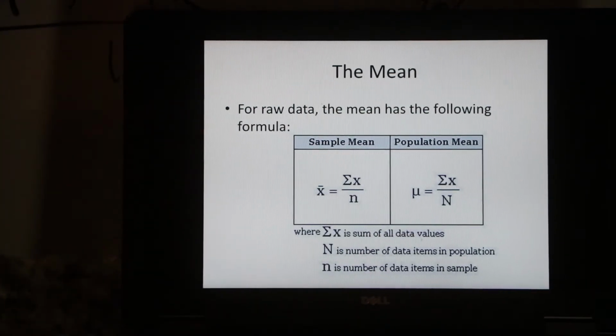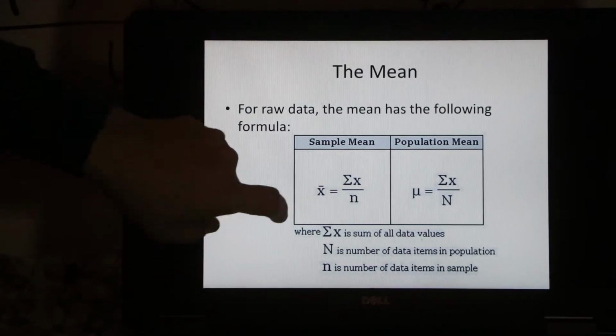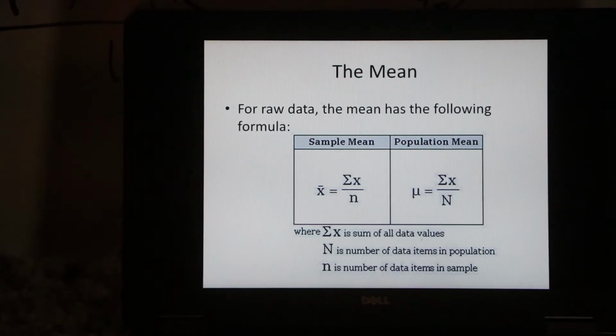The n is the sample size. The X is each value that you're talking about. So for every value, this is the summation sign. You're adding up every value in your distribution of your data, and you're dividing it by the number in your sample, or you're dividing it by the number in your population.